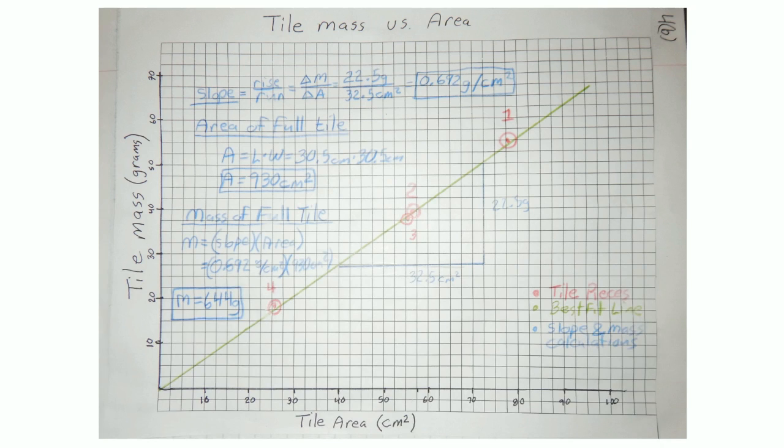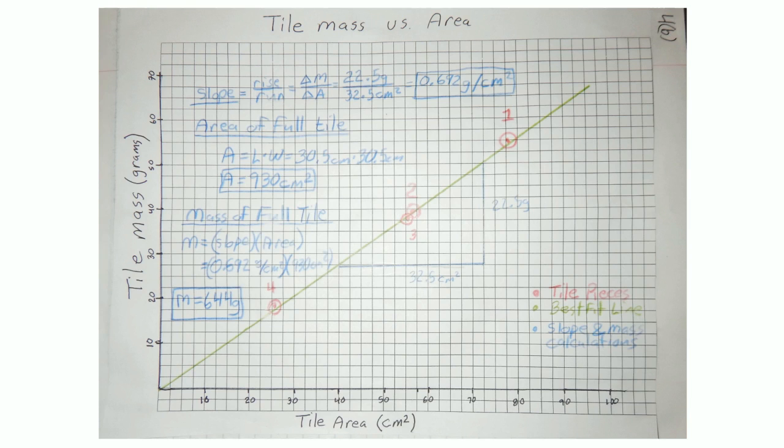This is an example of a graph that I did, and I've got my 4 data points graphed. You can see the red dots, 1, 2, 3, and 4, and a best fit line. The best fit line is not a connect the dots line. It's a line that goes from the origin, and we can start at the origin in this case because a tile that has 0 area obviously has 0 mass, so it goes down to the origin.